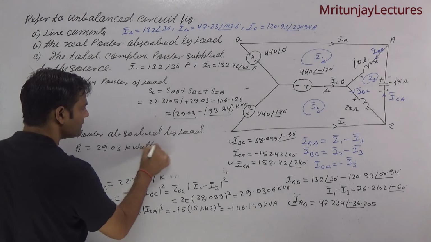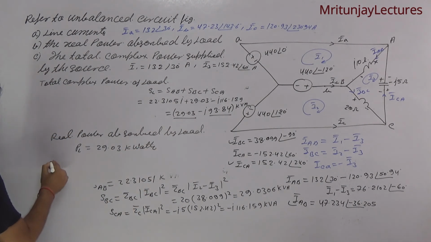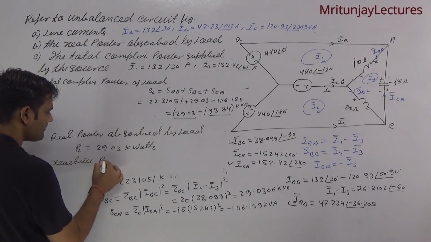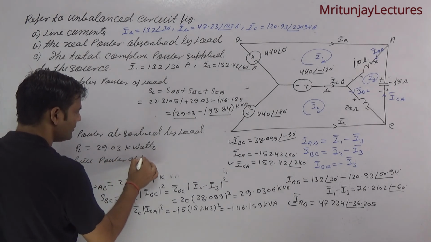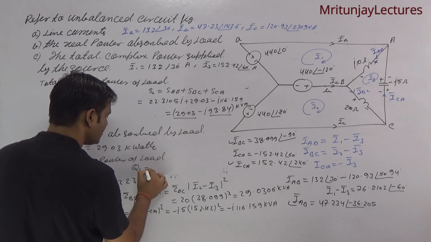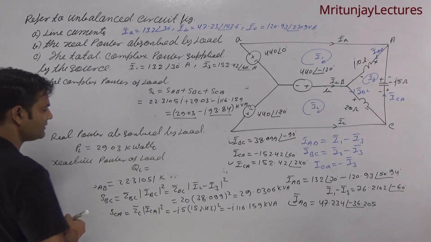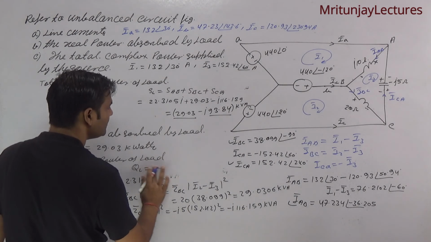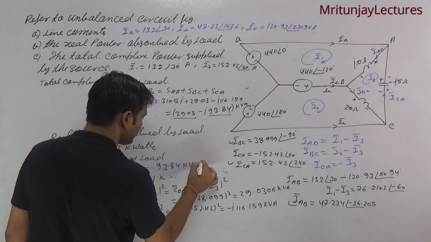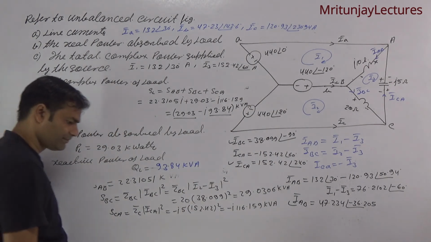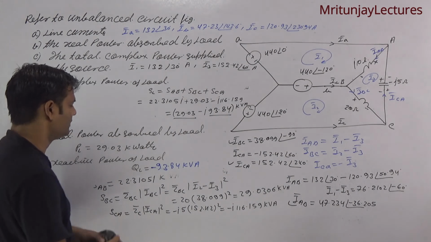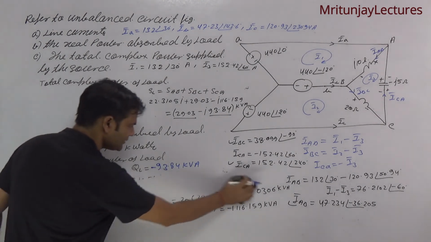Clear or not? And what about reactive power? Reactive power of load, that is QL. What about QL? That is 93.84 kVA, corresponding to minus. Clear?